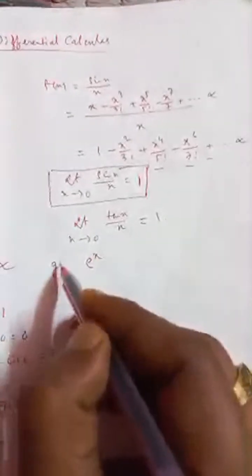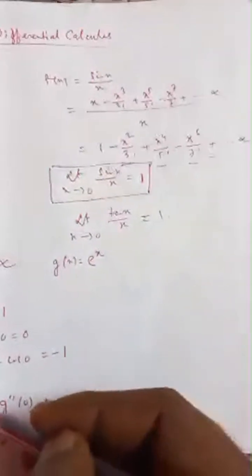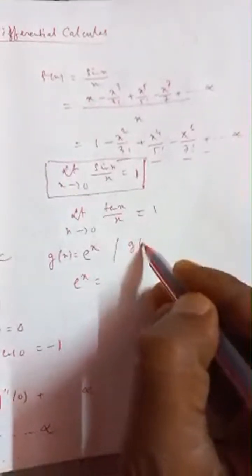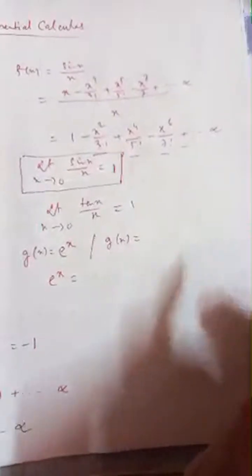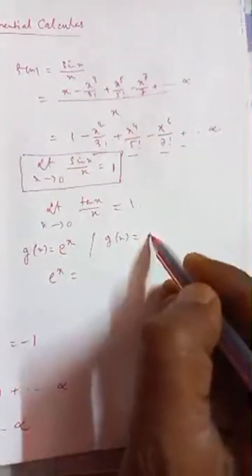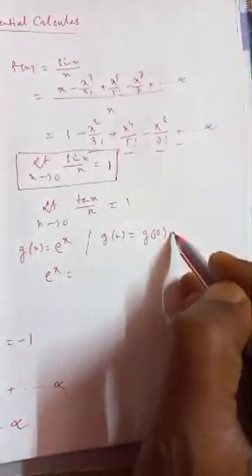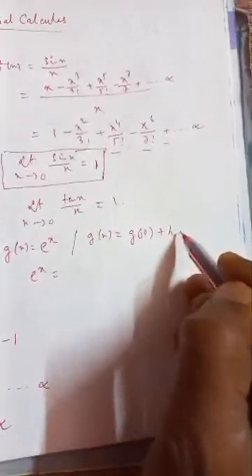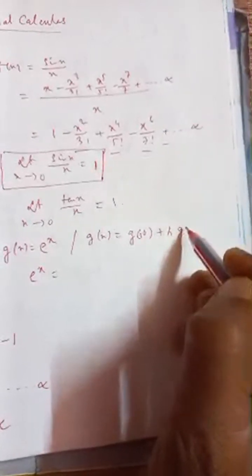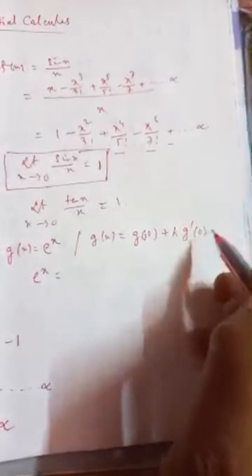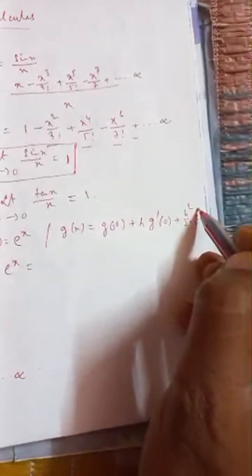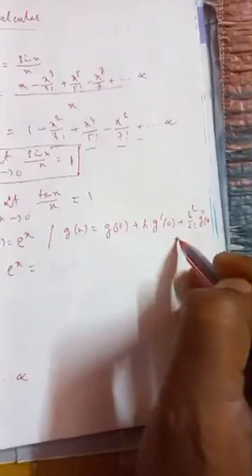If we take g(x) equal to e to the power x, then if we again recall the series, g(x) is equal to g(0) plus x times the first derivative of g(x) at the point 0 plus x square by 2 factorial times the second derivative of g(x) at the point 0 plus up to infinity.